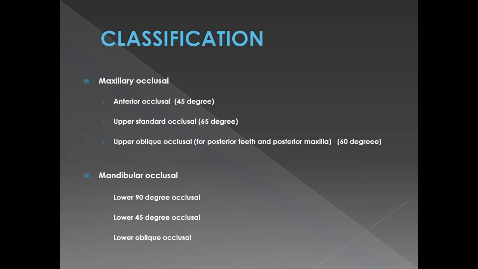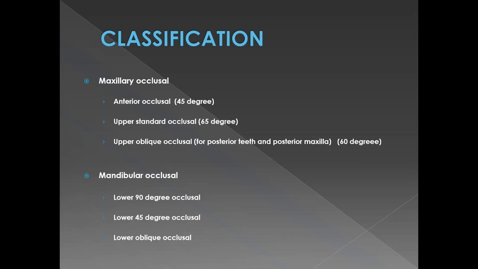Then you have an upper standard occlusal, in which you can see the entire maxillary arch from the occlusal point of view, and that is taken at a 65-degree tilt. And then you have an upper oblique occlusal, which is done for the posterior teeth and the posterior maxilla, and this is done at a 60-degree tilt.